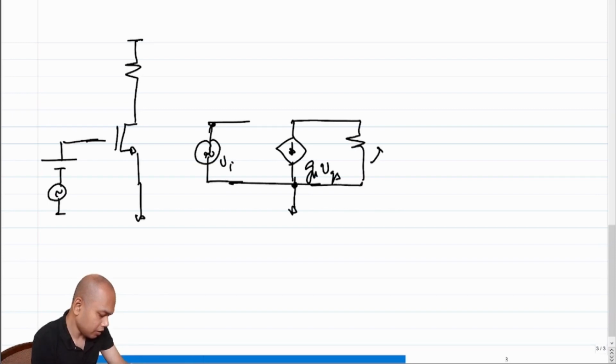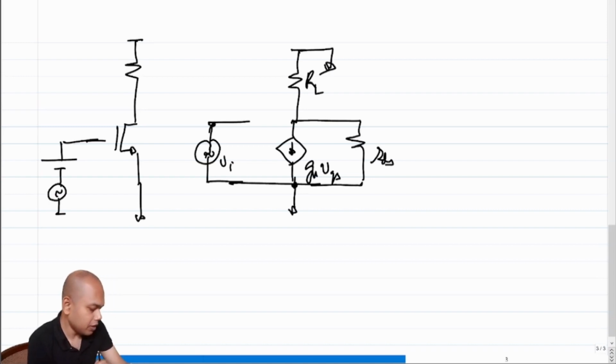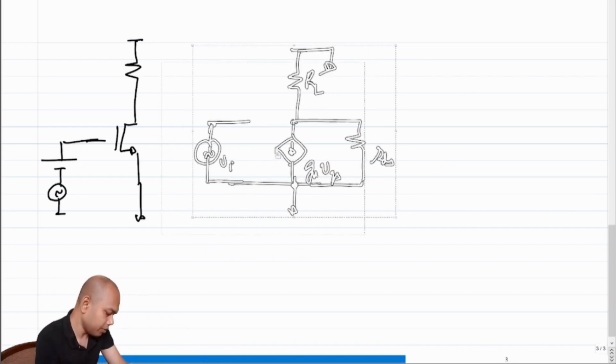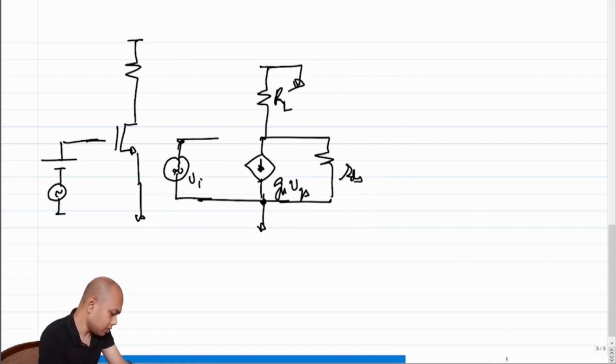We have RDS and we have RL, which is incrementally connected to ground. The whole song and dance that we are doing is because we wanted to replace this RL.